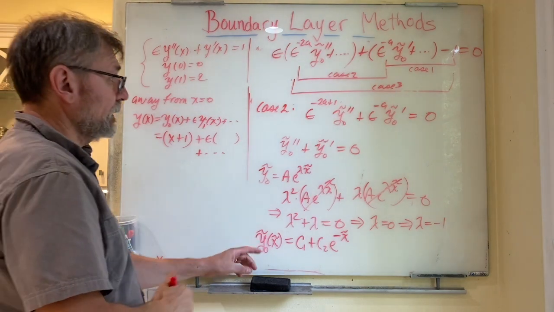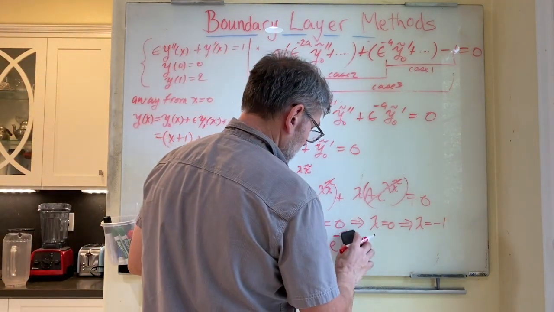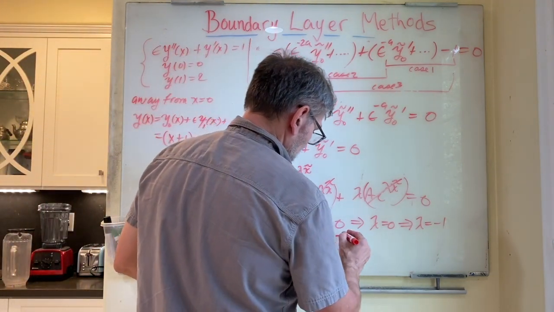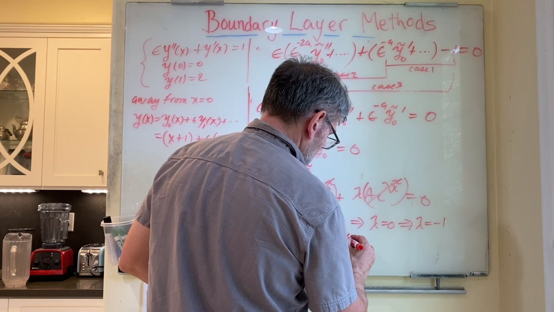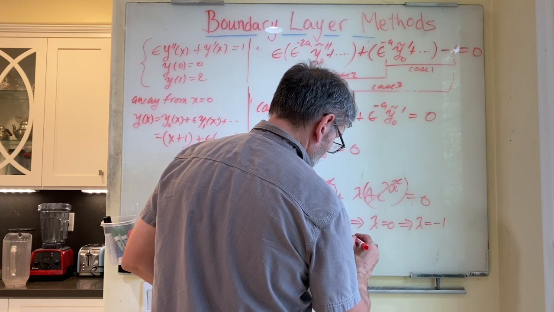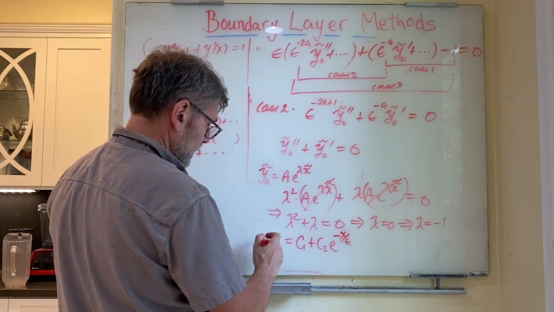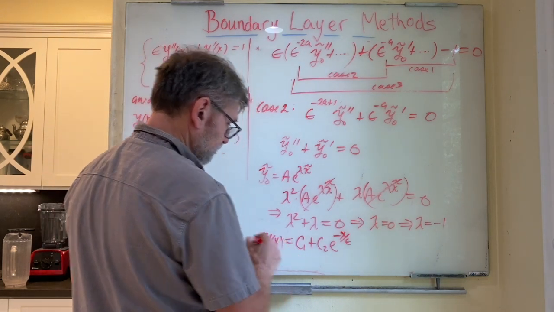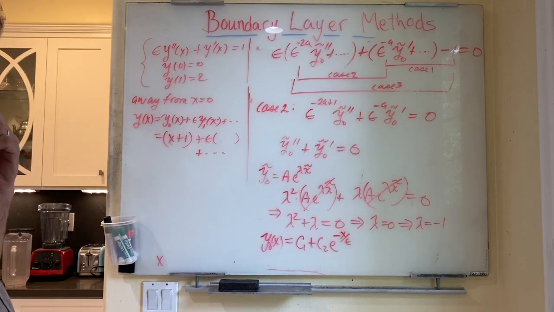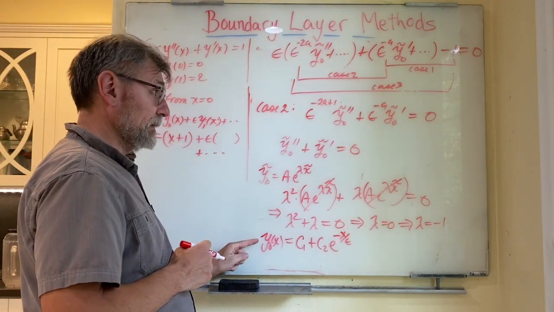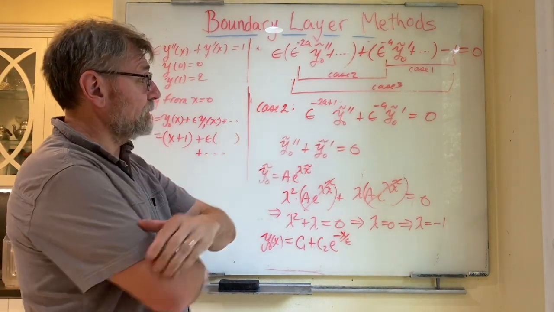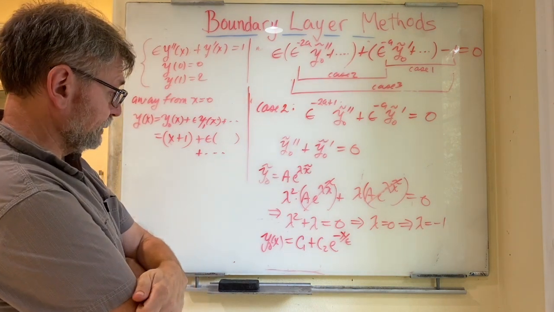And remember, x tilde is just x over epsilon to the power a, and a is 1. So now if I go back to the original variable, I get y naught of x. All right, so this is the first term in the power series in the boundary layer.